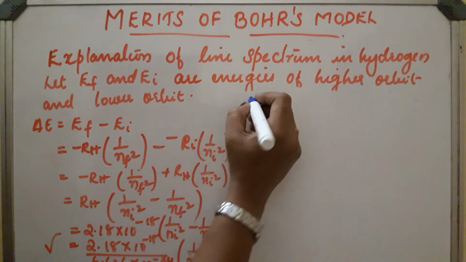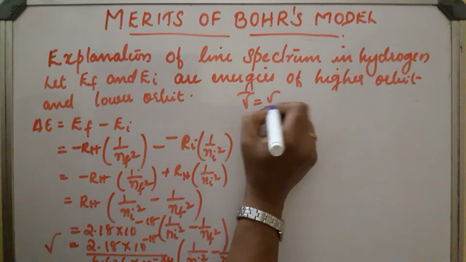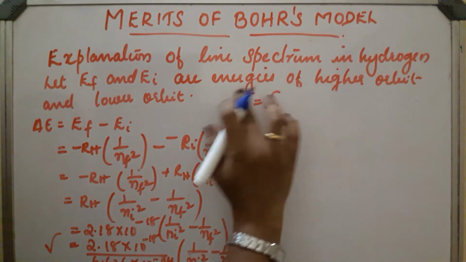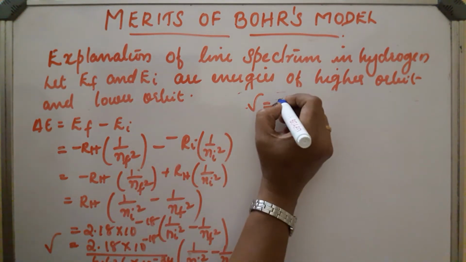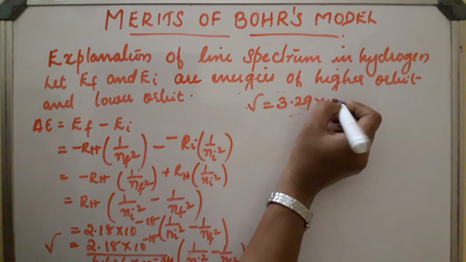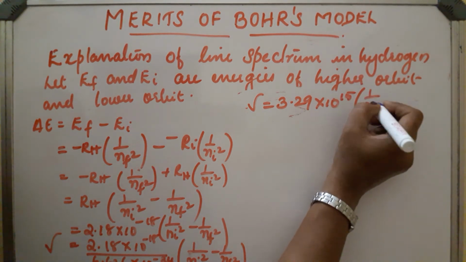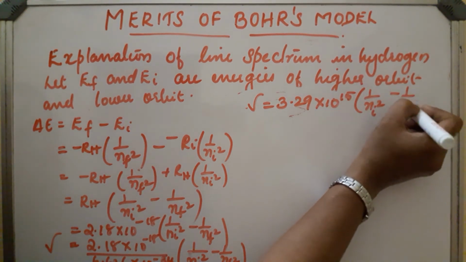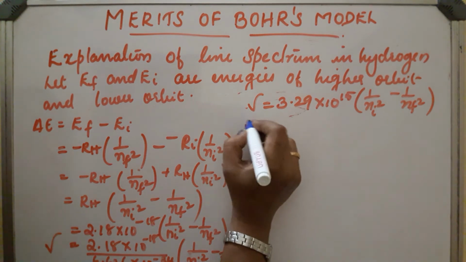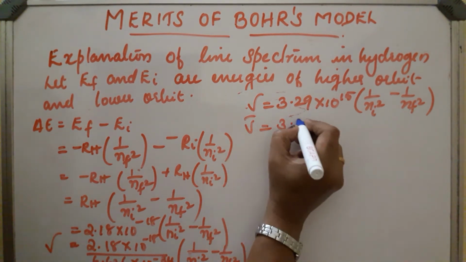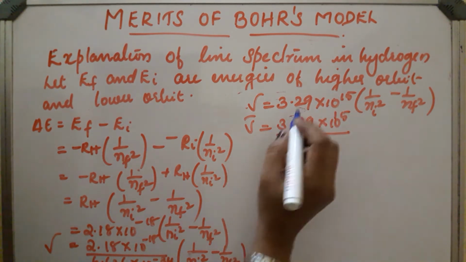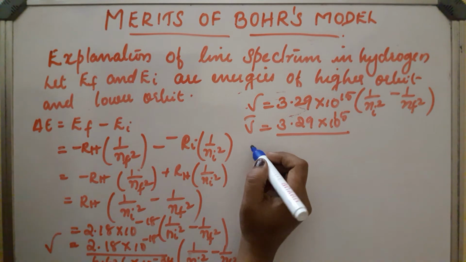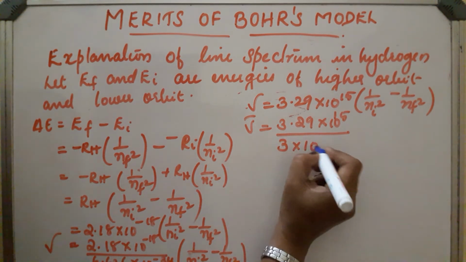Now, nu bar we have to calculate. This is equal to nu by c. So nu is equal to 3.29 into 10 raised to 15 into 1 by ni square minus 1 by nf square. So nu bar is equal to this value divided by c, the velocity of light, that is 3 into 10 raised to 8.